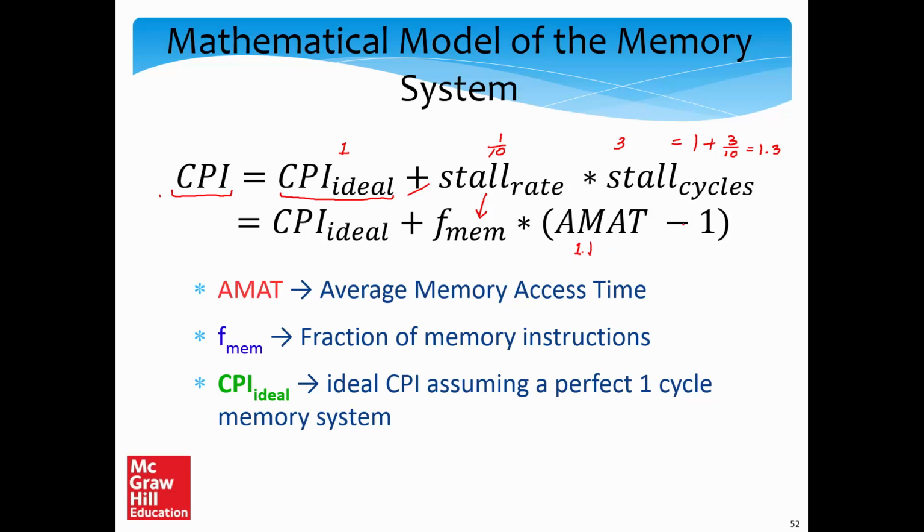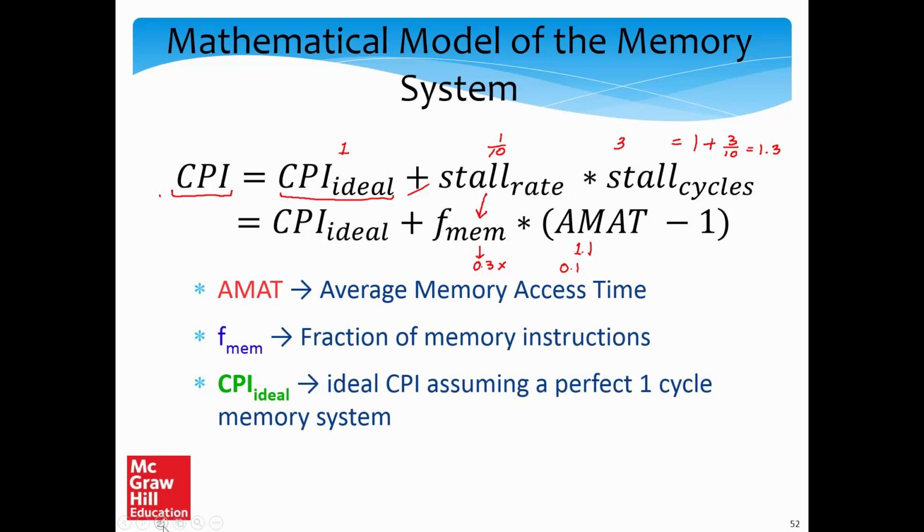Then we compute the number of stall cycles as the average memory access time minus the time it takes to perform an ideal access, which is 1 cycle. So in this case, it is 1.1 minus 1, which is 0.1. If 30% of the instructions are memory instructions, the CPI will be CPI ideal plus 0.3 times 0.1.